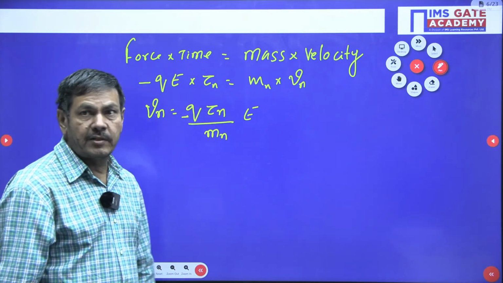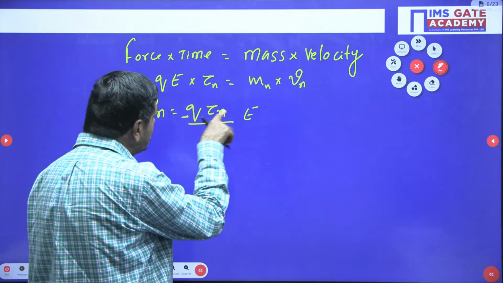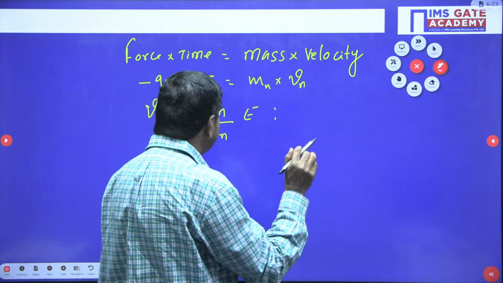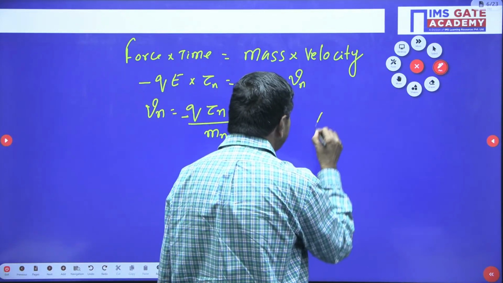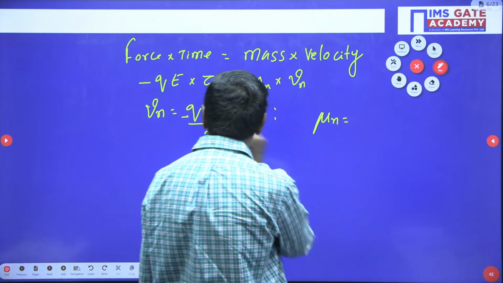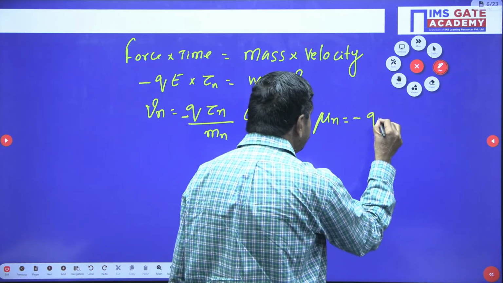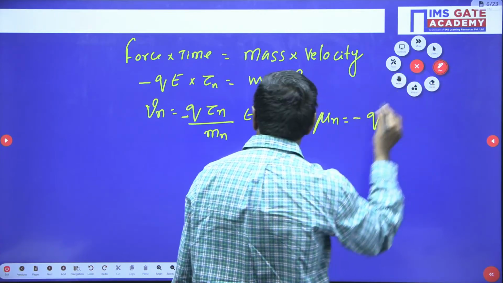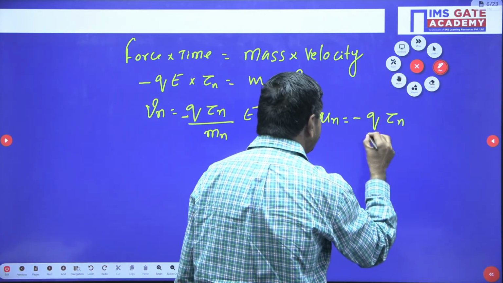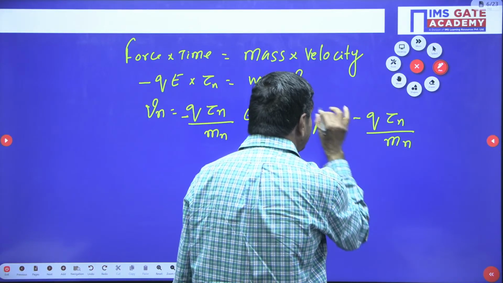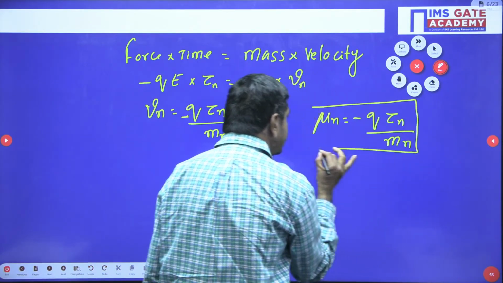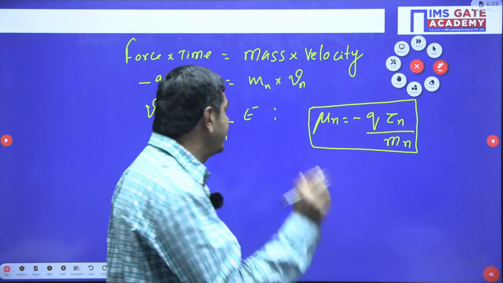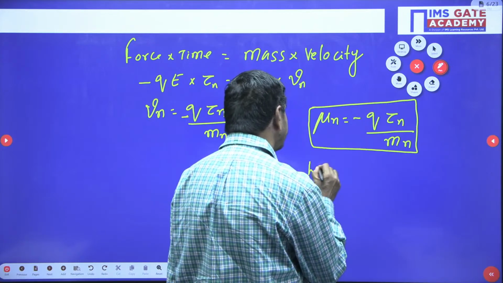Try to understand that minus Q into tau n by m n is taken as the symbol mu n. That means mu n stands for minus Q tau n divided by m n. These terms are given the name mu n, where mu n is called the mobility of electrons.